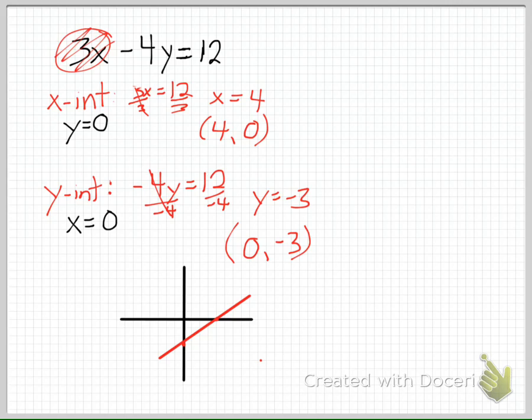But if I made it a nice straight line, let's see if I can actually fix it here real quick. So if I have a nice straight line, then you could actually look for other points that were on the line. For instance, let's see.